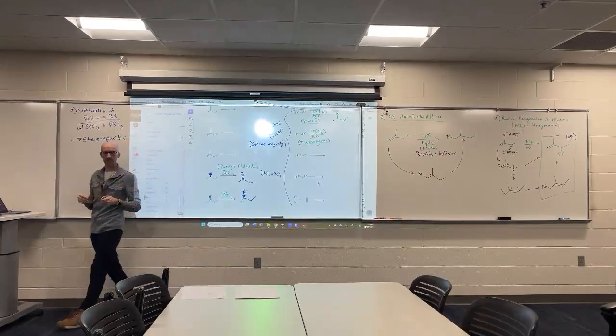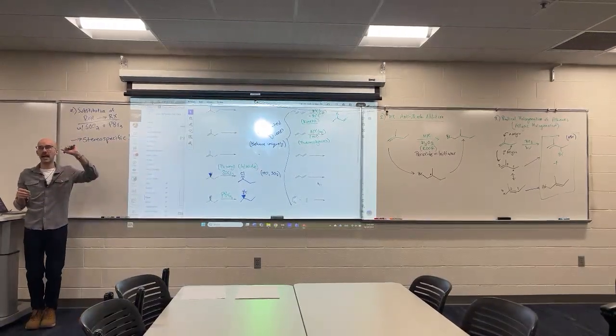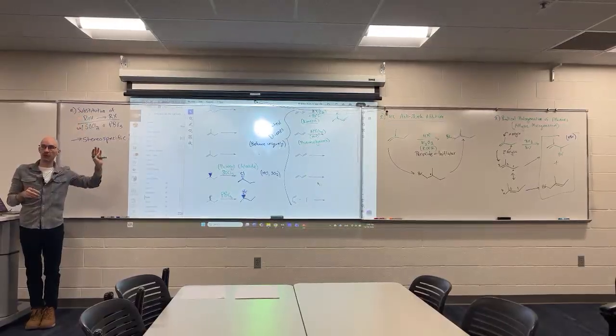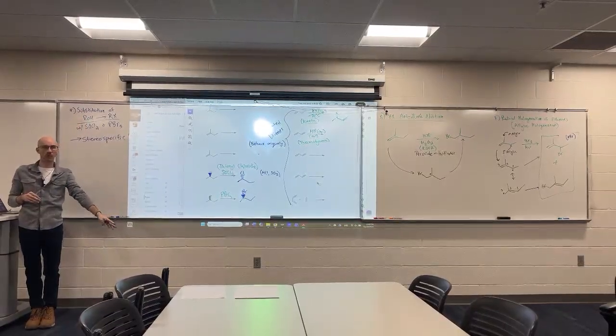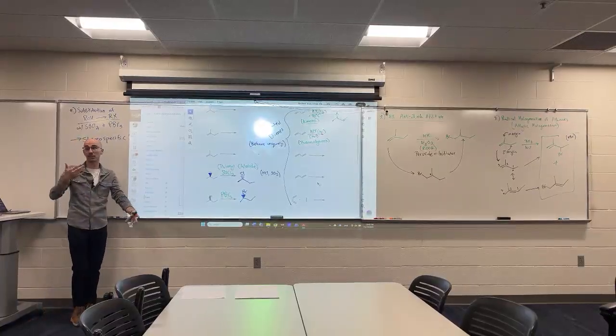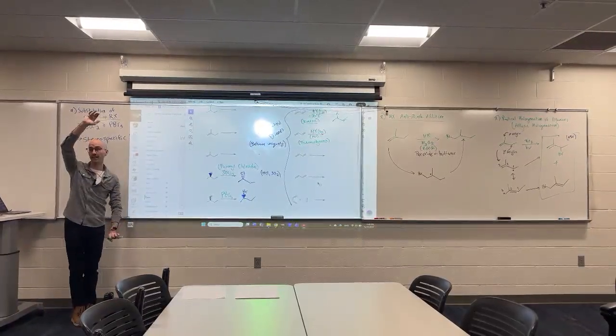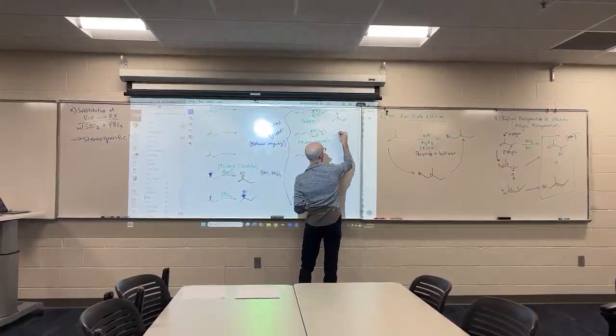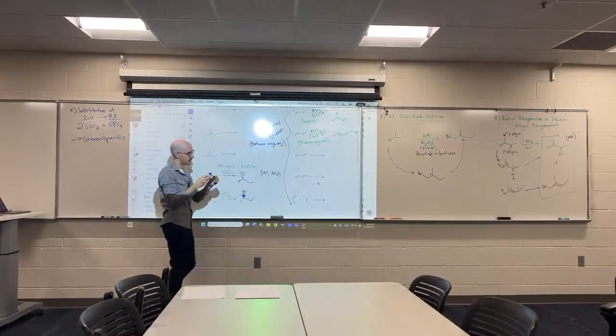A thermodynamic reaction will have the highest energy transition state, but also the most stable product. So I like to think of that as the dynamic reaction, the highest high and the lowest low. The product that we get here looks like this.